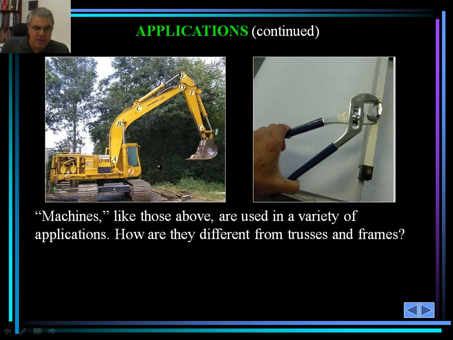Some more applications of machines are shown here. They are also similar to frames. However, they are used in a variety of applications. The difference between machines, trusses, and frames is that machines have at least one or more moving parts, and both of these machines demonstrate that.